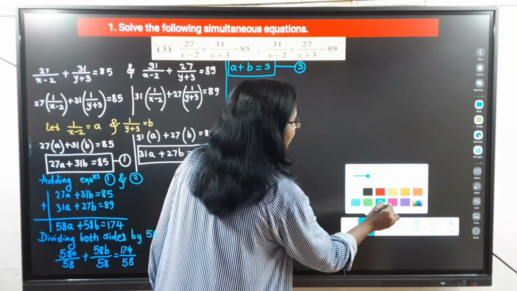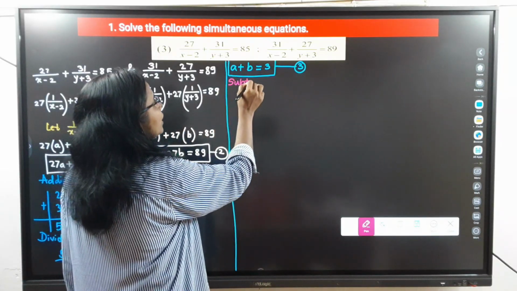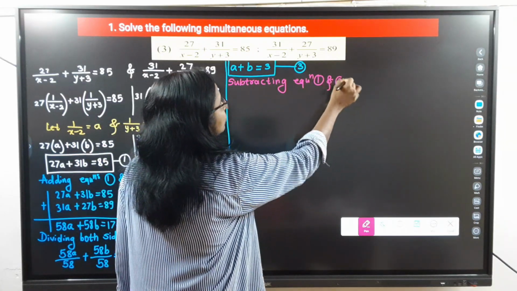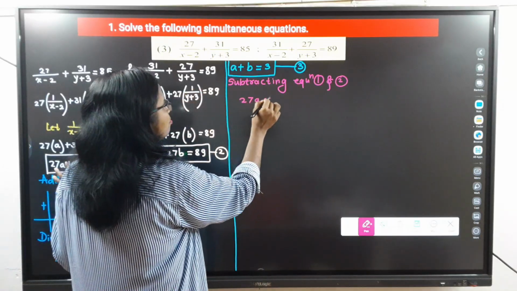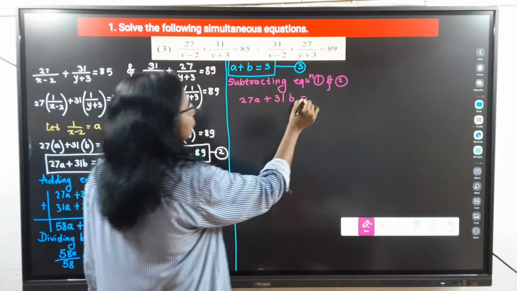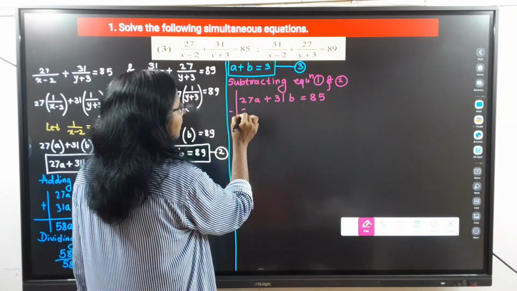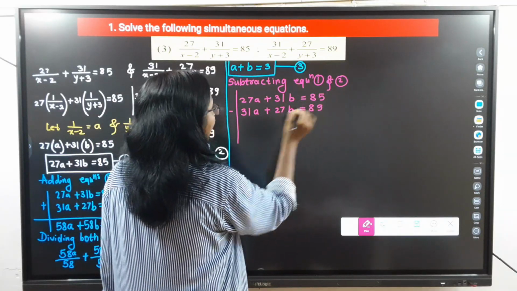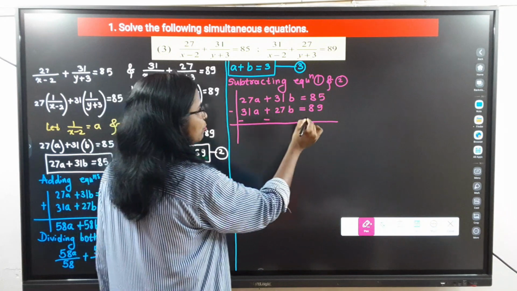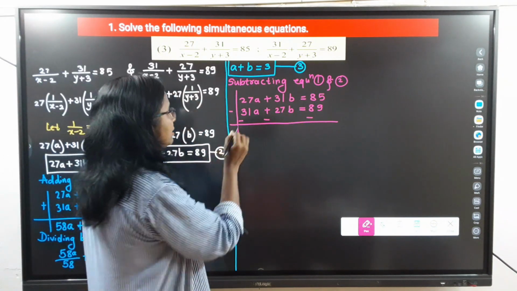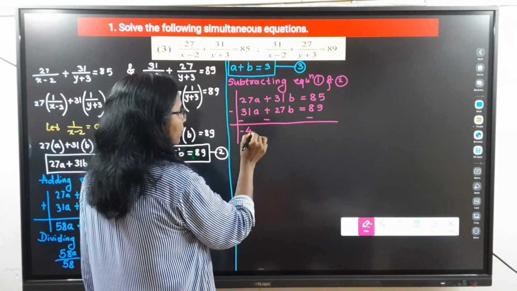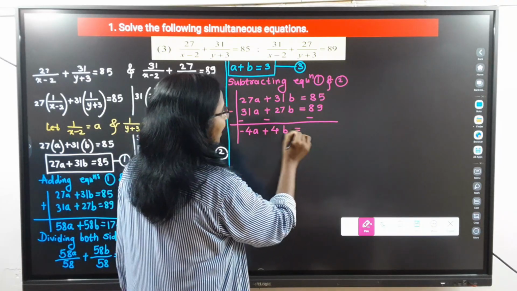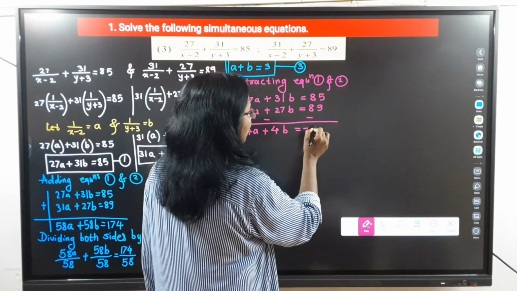Then next, subtracting equations 1 and 2. Equation 1 is 27a plus 31b is equal to 85, minus 31a plus 27b is equal to 89. Changing the sign, minus, minus, minus. So 27a minus 31a is minus 4a, then 31b minus 27b is 4b, and 85 minus 89 is minus 4.